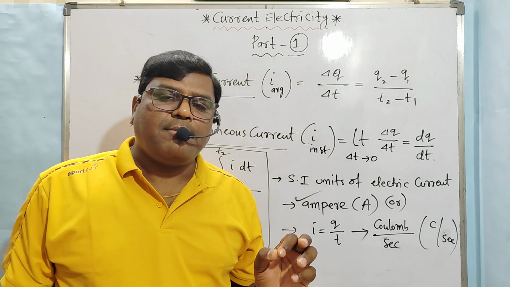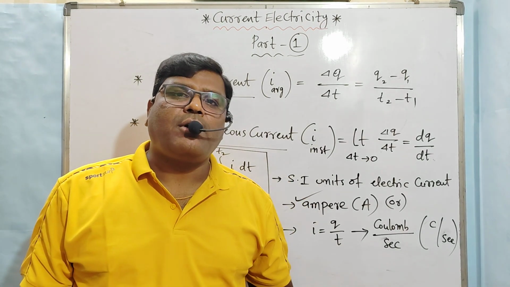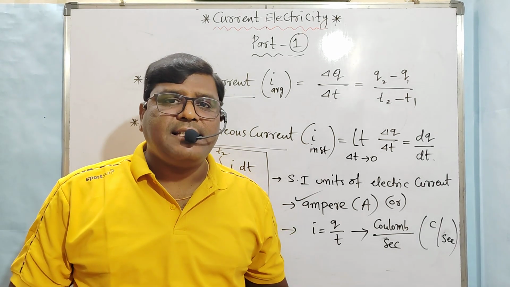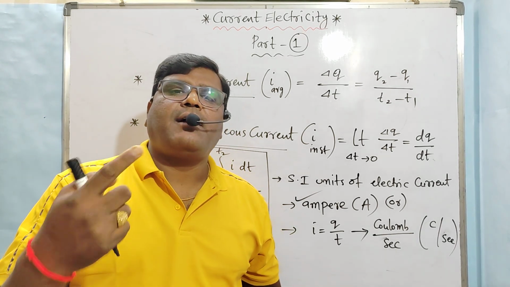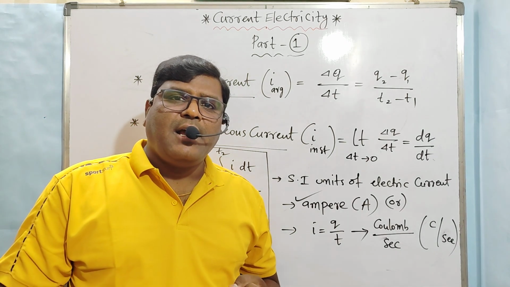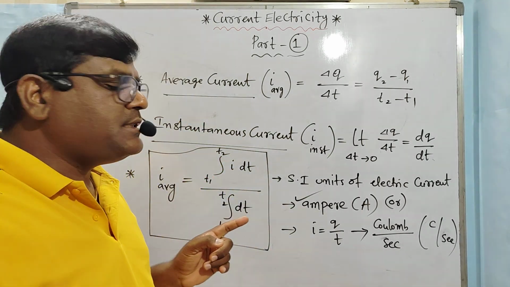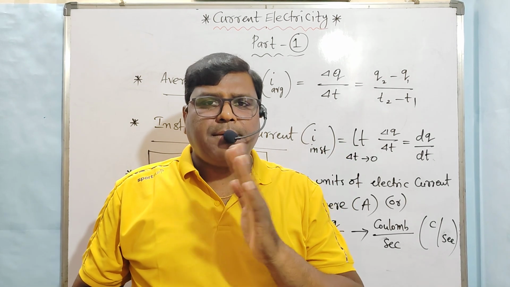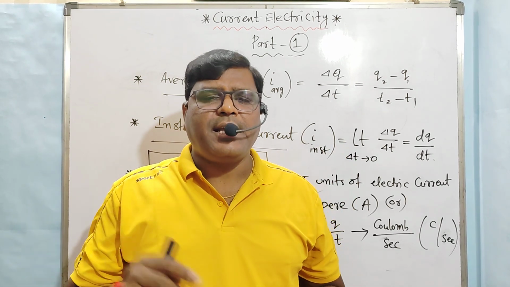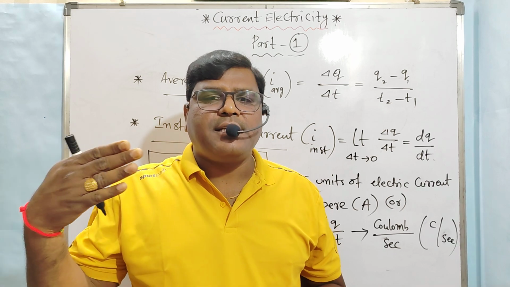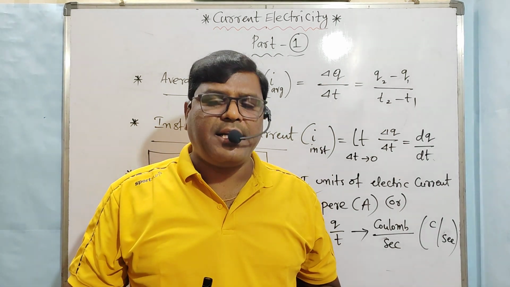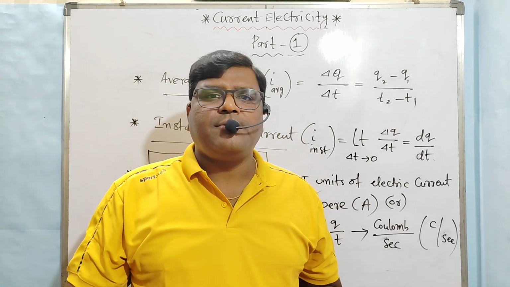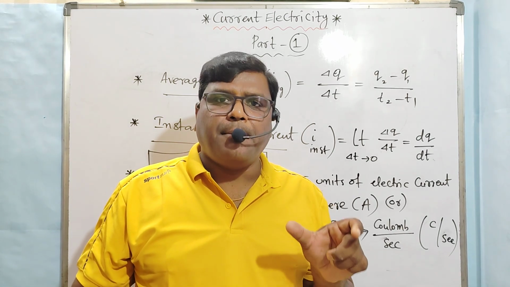Actually, electric current is most important. Is it a scalar quantity or a vector quantity? Electric current has a magnitude as well as direction. Whenever a conductor is connected to a potential difference, the charge moves in a particular direction, so current has a direction as well as a specific magnitude.